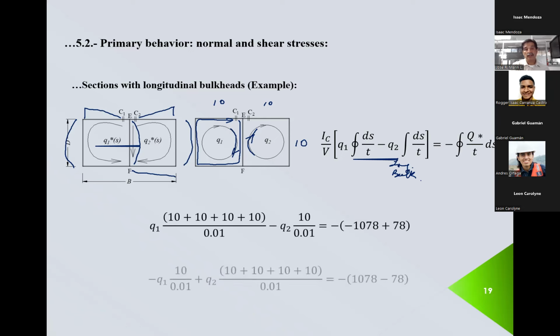This is the integral for this cell. The other is the integral in the second. Okay, again, we do not know Q1 and Q2. On the right-hand side, this is known, and we could solve this, okay?